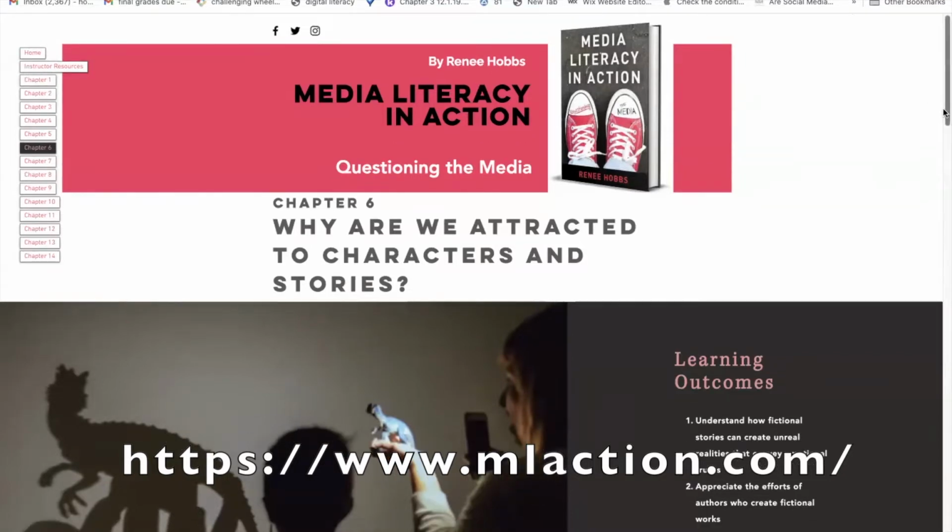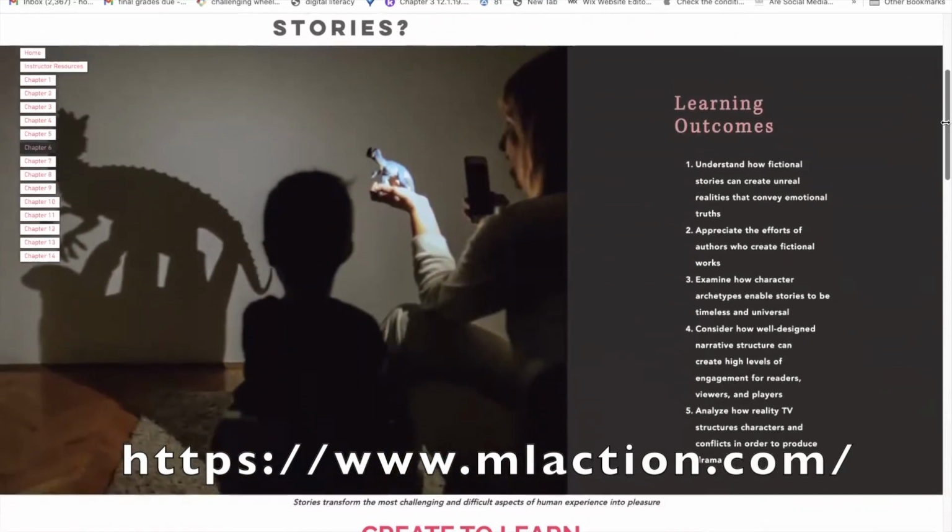I think you can see the screen now. And I'd like to talk a little bit about why I included a focus on storytelling in this media literacy textbook. The inquiry question that I examine here is, why are we attracted to characters and stories? And this is a really important inquiry question in media literacy.